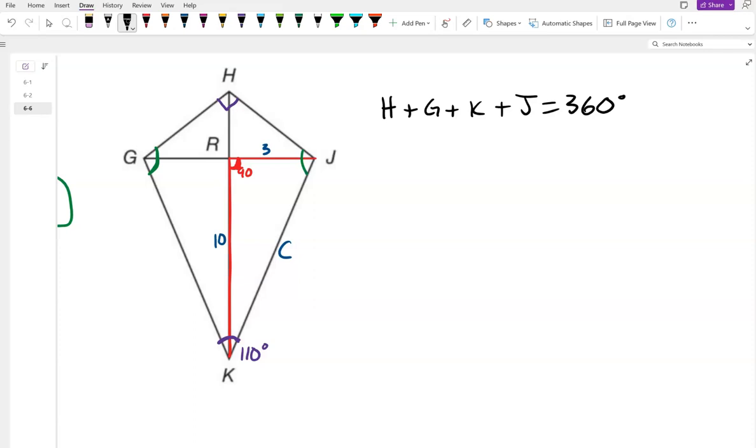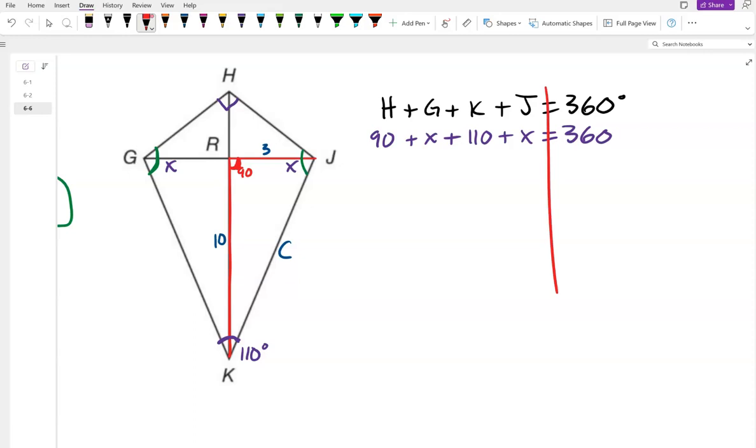Okay, I know since it's 4 sides, it's 360 degrees. If I substitute the numbers they already told me, I know angle H is 90. G, I'm just going to call that X for now. K is 110. J is also X because they're both the same. So I can put X for both of them. And that equals 360.